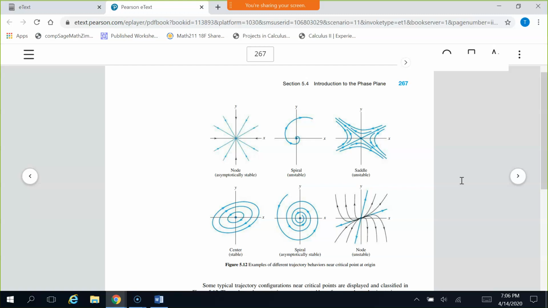Terminal velocity is a stable equilibrium because anywhere you start, if you start out slower than terminal velocity or faster than terminal velocity, you'll eventually just reach terminal velocity. Gotcha. So it always goes toward that. Yeah, it's stable because no matter where you start, you go towards that equilibrium value. And then once you're at the equilibrium value, you're just there. Unstable would be the other way around. Unstable would be if you start anywhere close to it, you fly away from it.